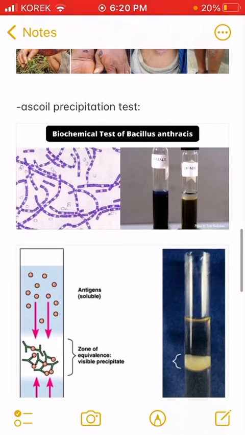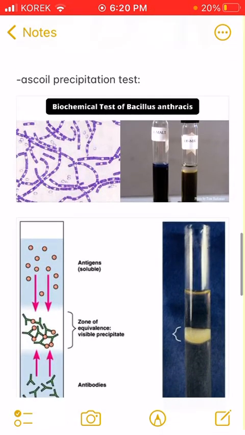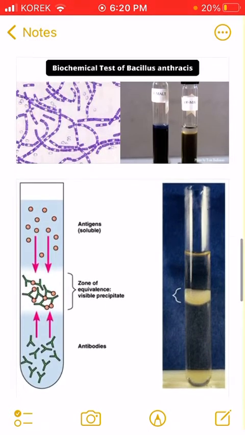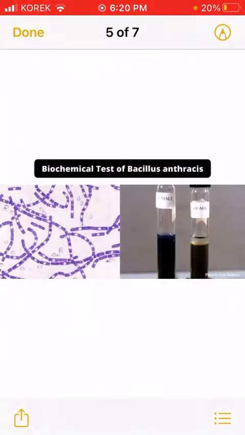For example, you have bone meal. Bone meal is added and boiled for 10 minutes with saline solution. After that, it's added to the serum antibody, and the results are detected after.